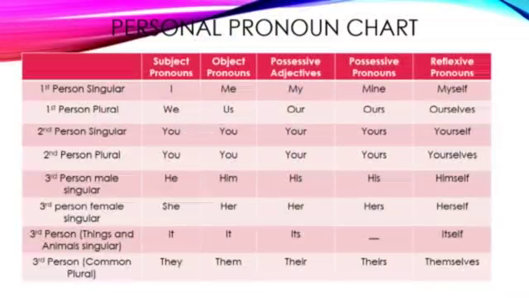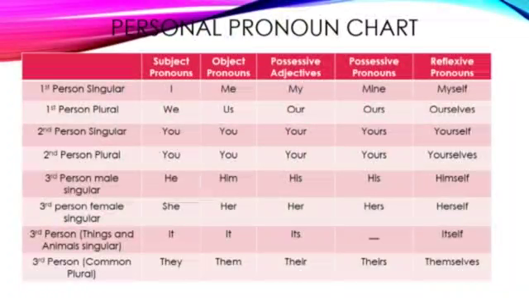Similarly, if I talk about third person female singular, she is subject and her is object. If I talk about third person singular, in which things and animals are also considered, here for both the cases, subjective and objective, it is used, and its is a possessive adjective. It is not a possessive pronoun.